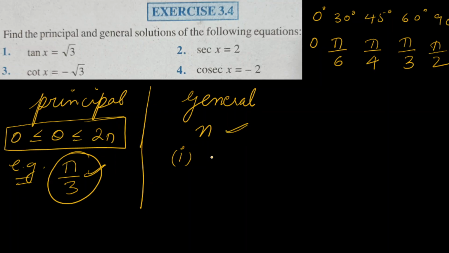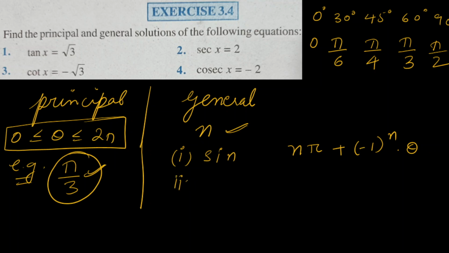So you have to remember the forms in which we write it. For sine you have to remember, it's n pi plus minus 1 to the power n into theta. Theta means x, or angle, I am just writing x or theta, anything is fine.